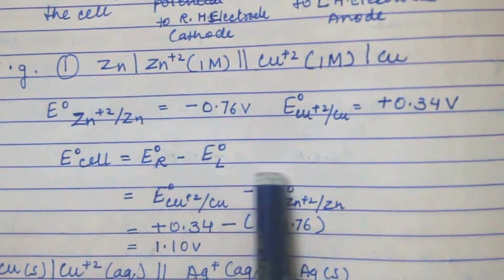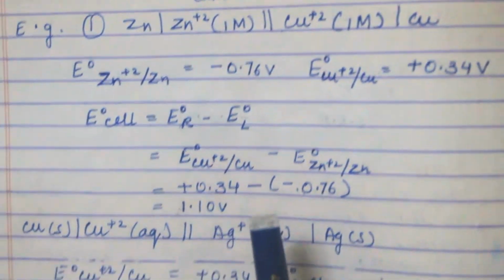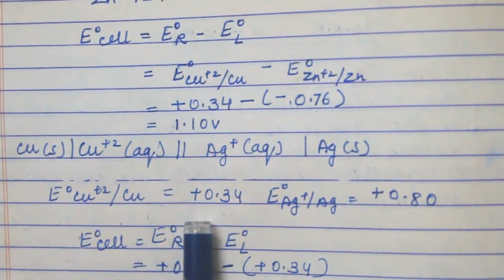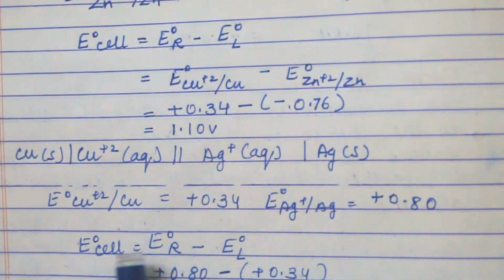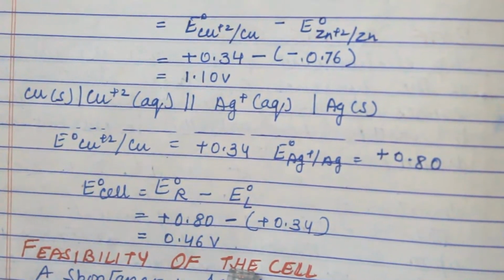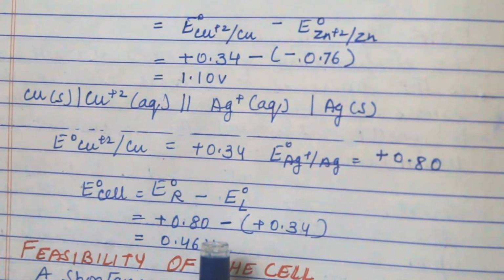If we put both values in this equation, we get 1.10 volt. Again, the second cell equation is like this. Cu has this much volt and Ag is 0.80. When we put these in the equation we get 0.46 volt. In this way we have to calculate the EMF of the cell.